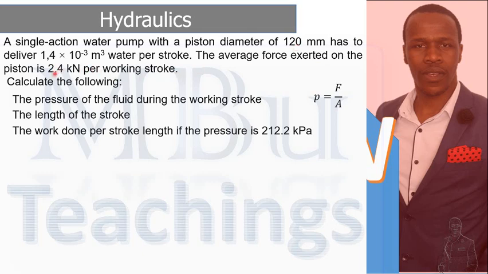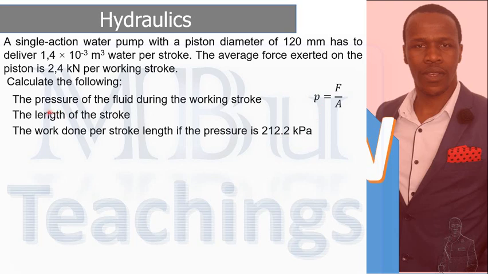This is the force, 2,400 newtons. And then the area will be pi times, now you have to change this one to meters, so it will be 0.12. So it will be pi times 0.12 squared divided by 4. Then you get your answer for pressure, actually this is the answer.